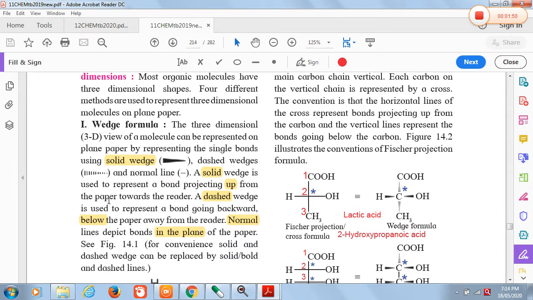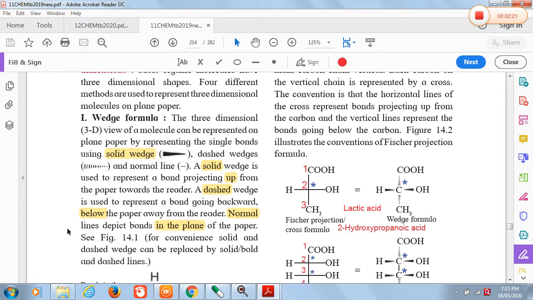So solid wedge is used to represent bond projection, means bond going in upward direction from that plane towards the reader, and this dash wedge is used to represent bond going backward or below the paper and it goes away from the reader, and the normal lines indicate the bonds are in the plane of paper.